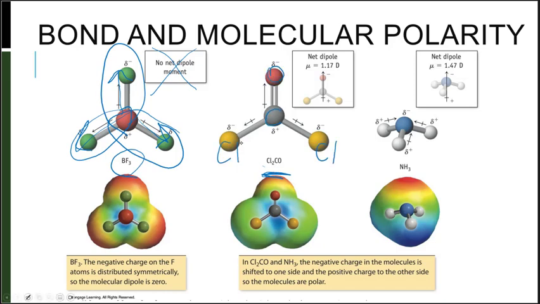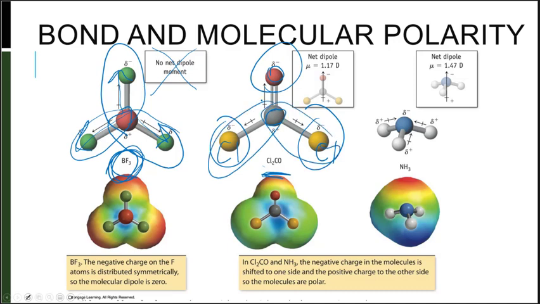In this compound, while it looks similar to BF3, the 3 atoms that are surrounding that carbon are not the same. So it is not an equal and opposite pull. We could subtract these 2 bonds and see that those are polar and this is polar, but again, they're not equal numbers. So there is a net dipole.